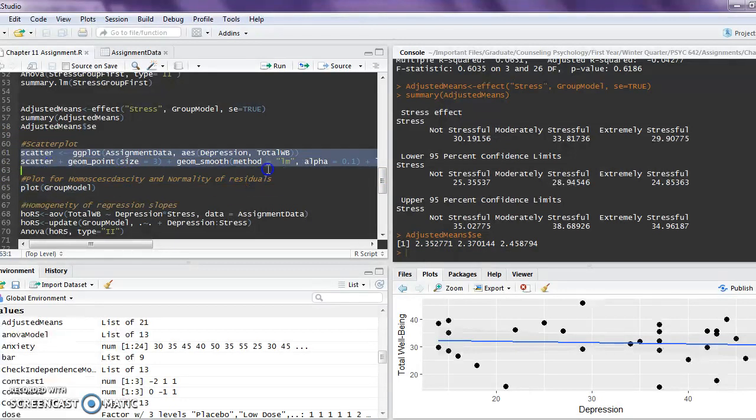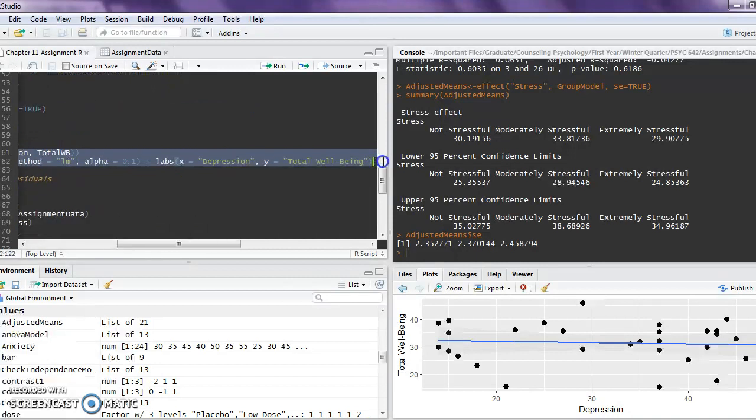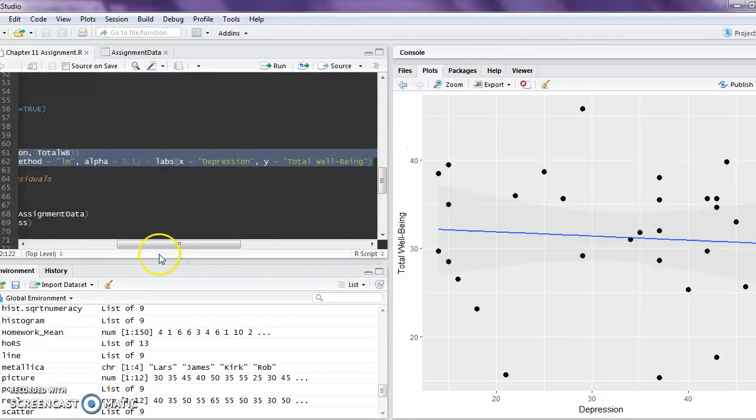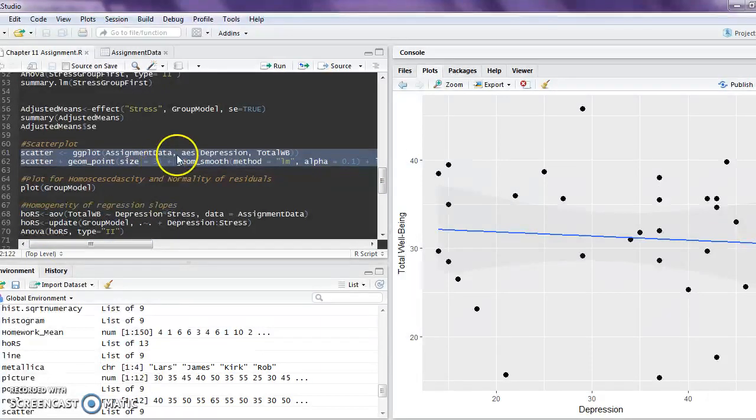Now I'm going to do a scatter plot really quickly, just to see the relationship between depression and total well-being.